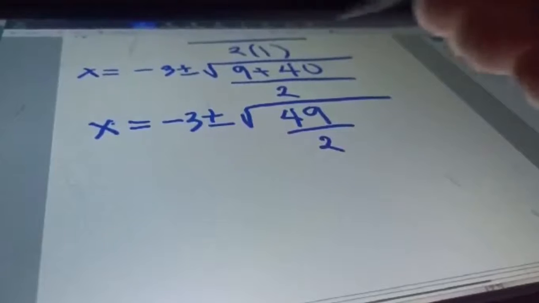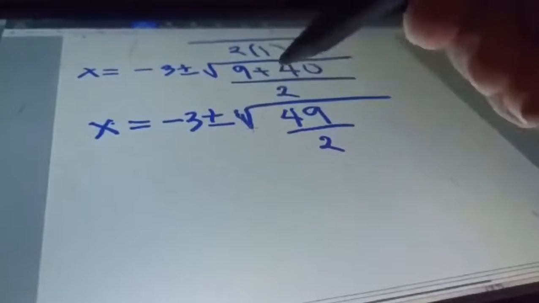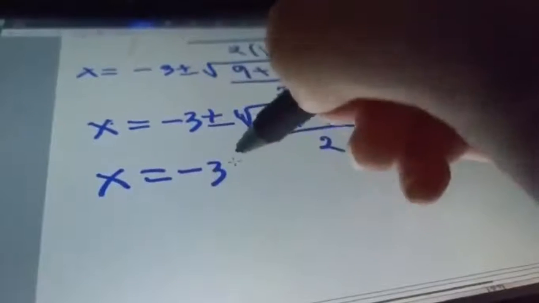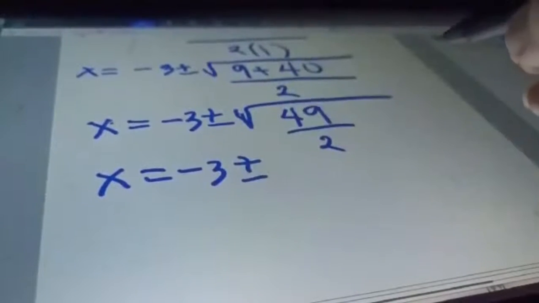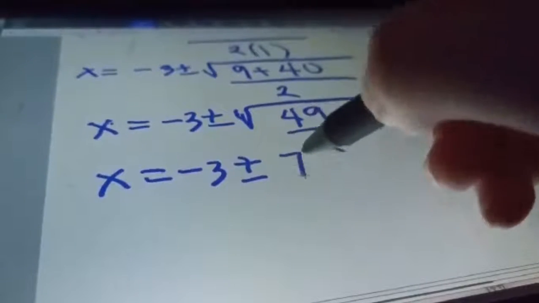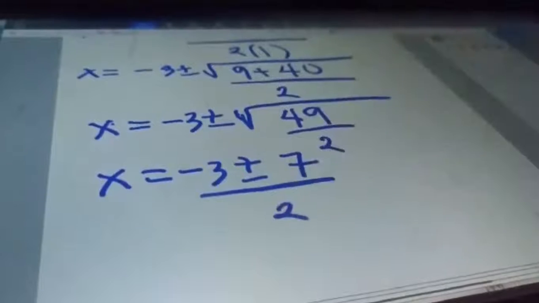So, hindi pa ito yung last, kasi meron pa tayo nito. Kasi i-square root pa pala natin itong 49. So, x is equal to negative 3, positive negative. Ano ang square root ng 49? 7 all over 2. So, hindi pa ito yung sagot natin, kasi meron pa siyang dalawang value, positive and negative.